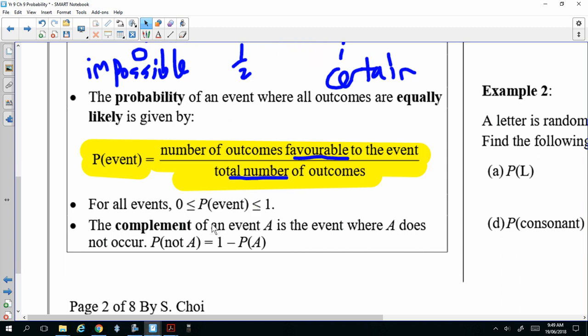The complement of an event is an event where A does not occur. Remember, complement in geometry means add up to 90, but in probability, they add up to 1.